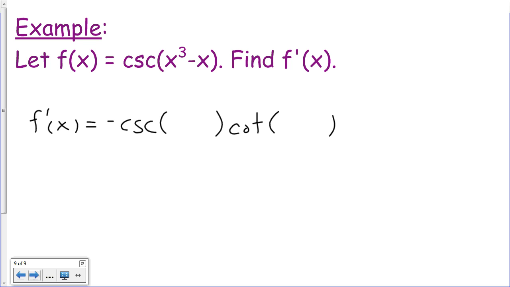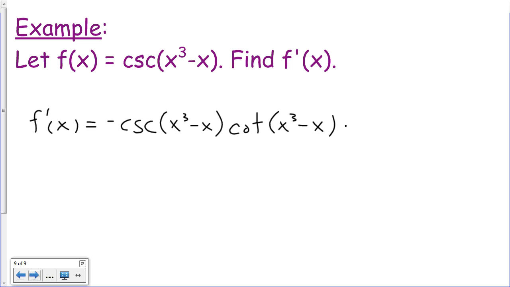And again, use parentheses there as placeholders. The second step of chain rule says you substitute in the inside function. X cubed minus x goes here, as well as right here. Again, that's new for us because we haven't seen that before, where we have to put that inside function down twice. That's only because of the rule we're following. The rule has two x's in it, so therefore we have two inside functions to write down. That's the first two steps of chain rule.